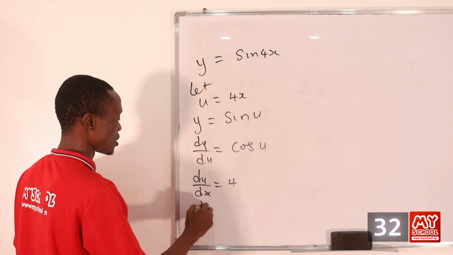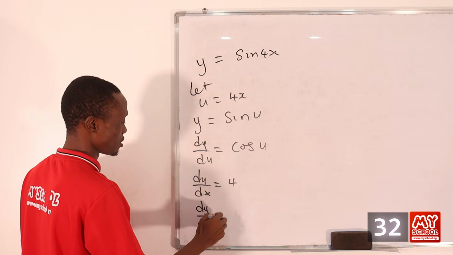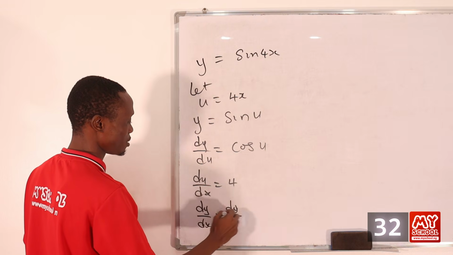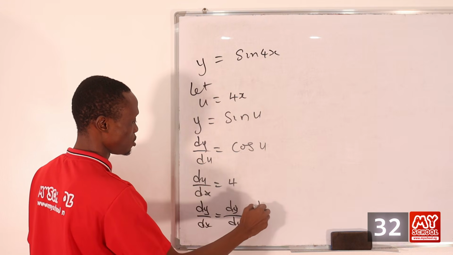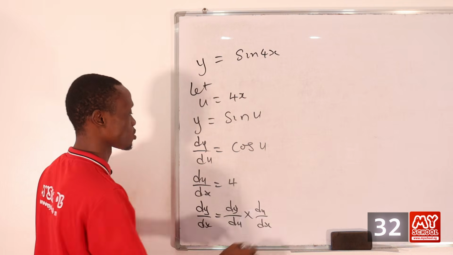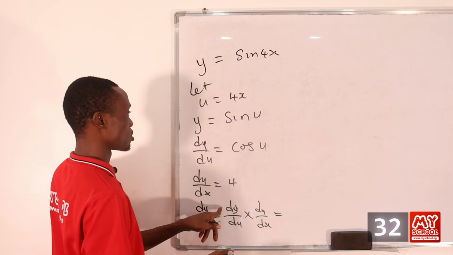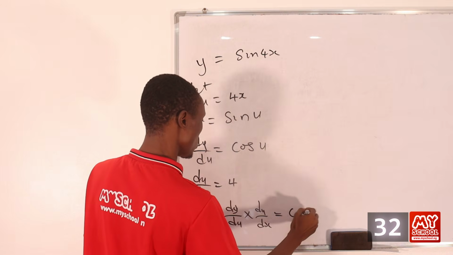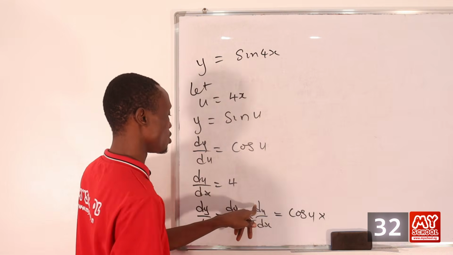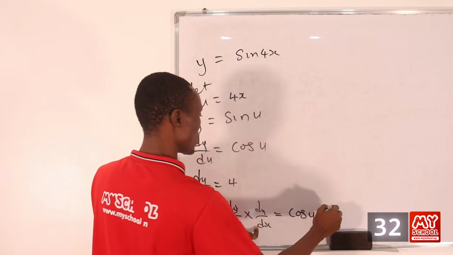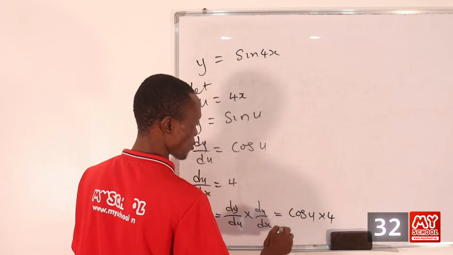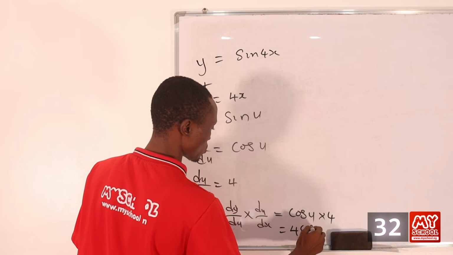But remember that dy/dx is equal to dy/du times du/dx, right? So we just bring in the values of these differentiations. The dy/du gave us cos u, then times du/dx gave us 4. So if we put this properly, we'll have 4 cos u.